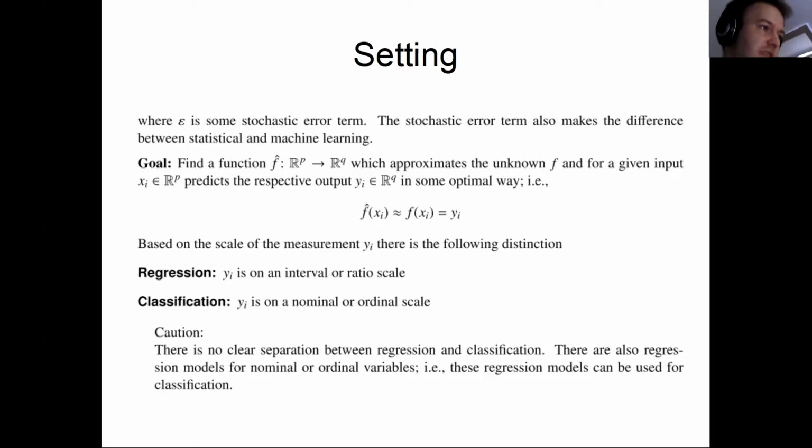I should mention that there is no clear separation between regression and classification. There are also regression models for nominal or ordinal variables, and these regression models can be used for classification. For example, a big misnomer in this regard is logistic regression, which can also be used for classification. I know it's a bit of a head turner, but please keep that in mind.